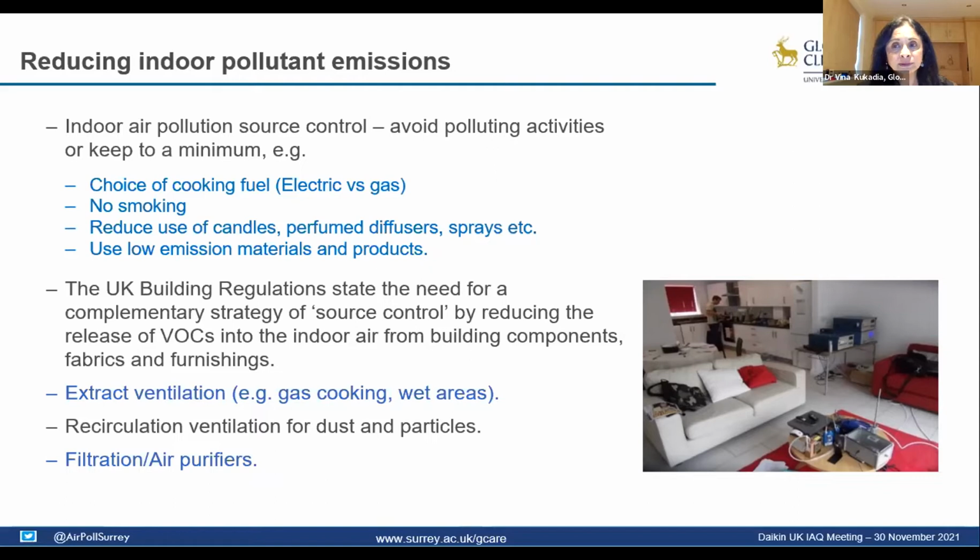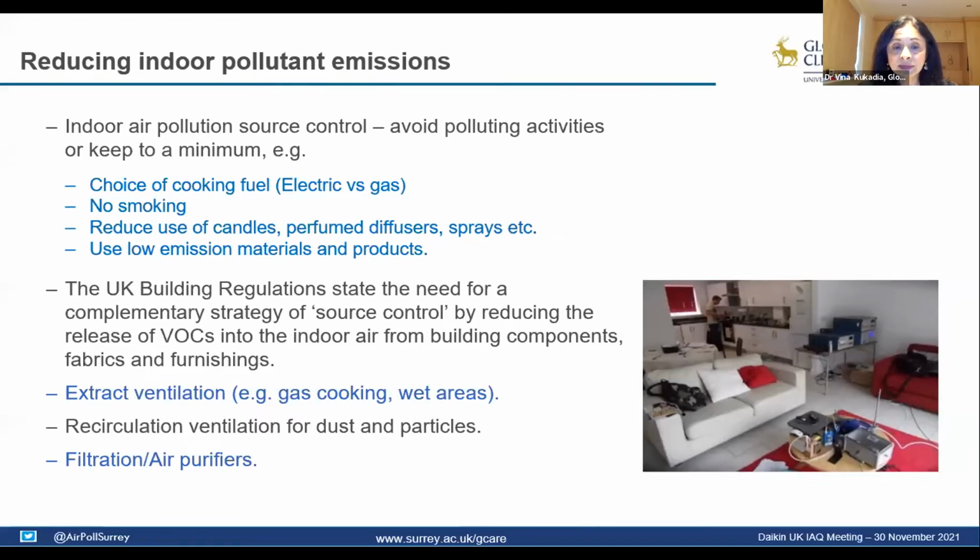And this is something that essentially in domestic places, we do need to educate everyone to try and reduce the use of candles or incense sticks or perfumes and sprays and those sort of items. No smoking. Electric is probably better than gas cooking, and the use of low emission materials and products.